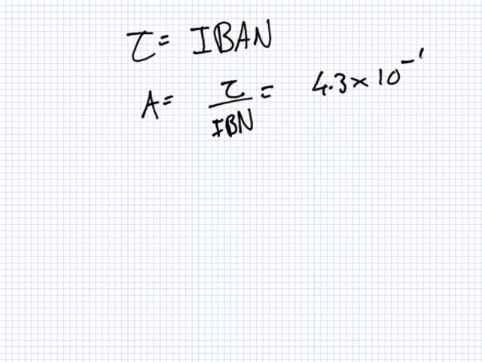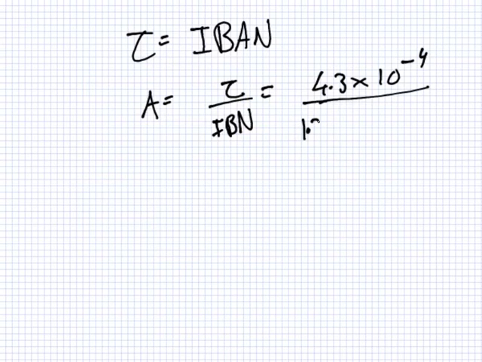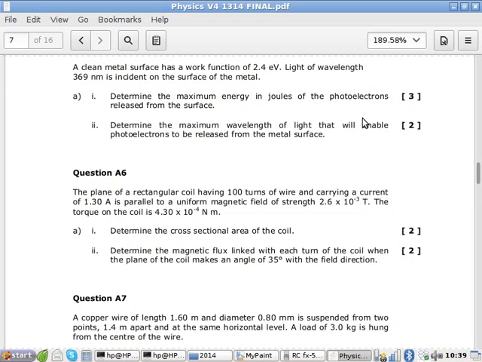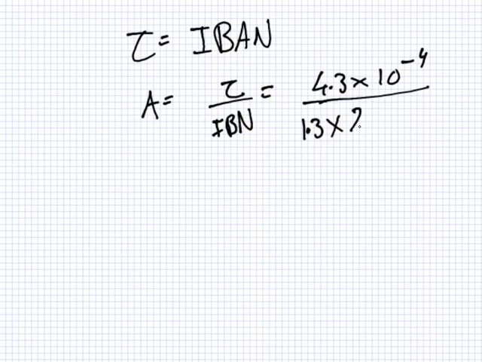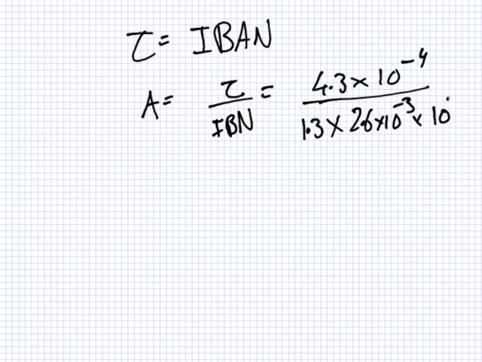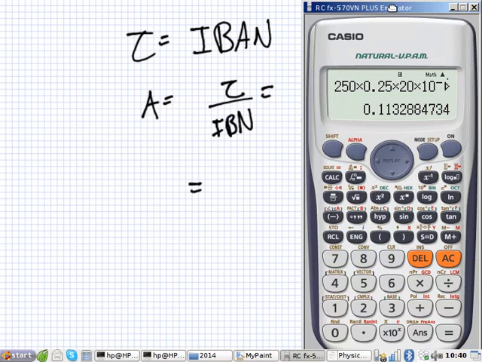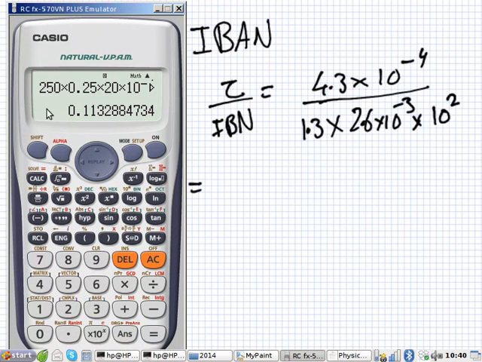So if I hit that in, we get the answer. 100, yeah. 4.3 times 10 to the minus 4 over 1.3 times 2.6 times 10 to the minus 3 times 10 to the 2. Yeah, 100.